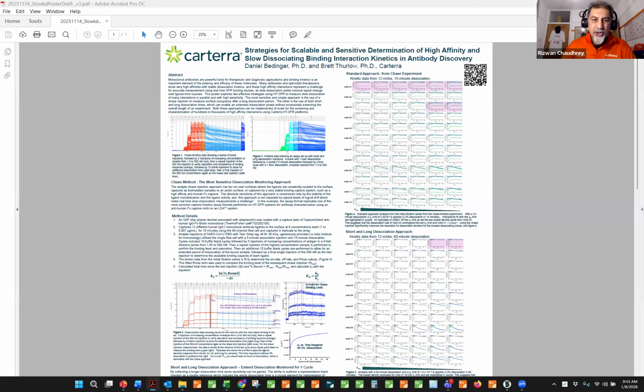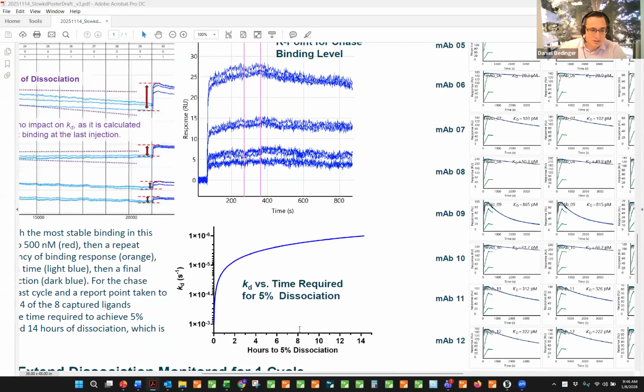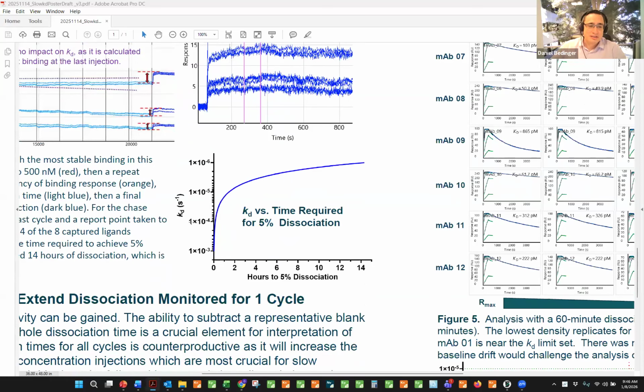Brilliant. So please talk us through it then. Okay, so I'll start off with an image that describes this problem. If you look at the time to measuring just 5% dissociation and compare that to KD values, you can see for things that are in this mid 10 to the minus 5 or faster range, it's easy. 20 minutes of dissociation is more than enough to get a really well constrained fit.